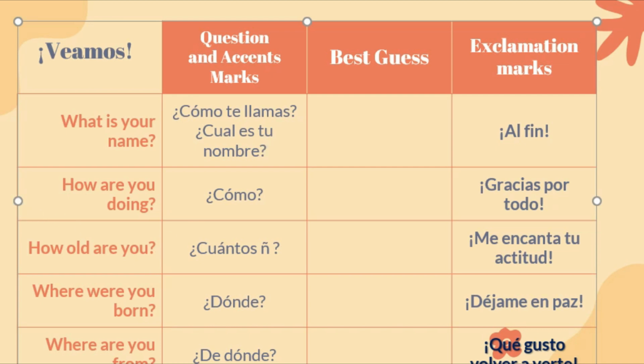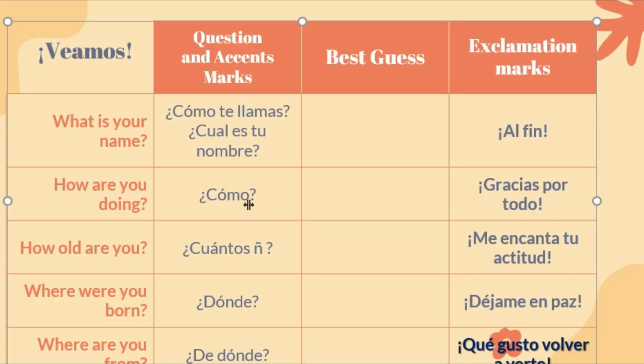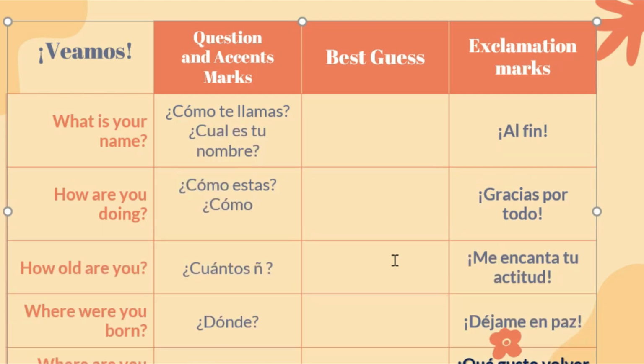What about how are you doing? ¿Cómo estás? Very good. Is there any other way to say how are you doing? Yeah, you can also say ¿cómo le va? What about how old are you? ¿Cuántos años tienes? Yes, that's correct.